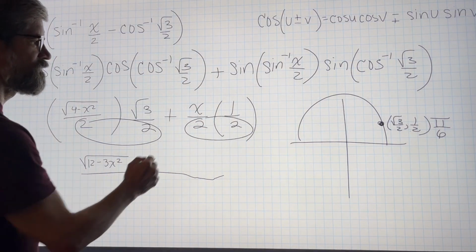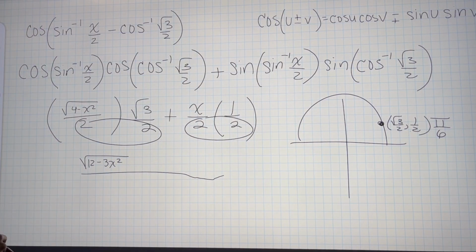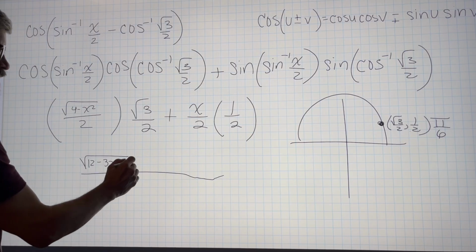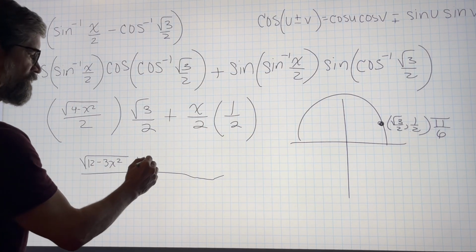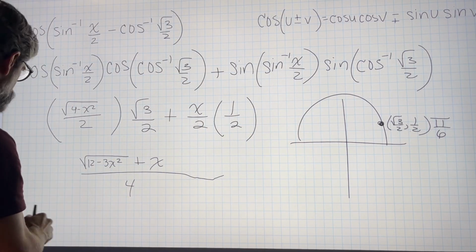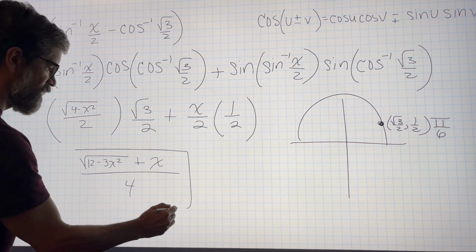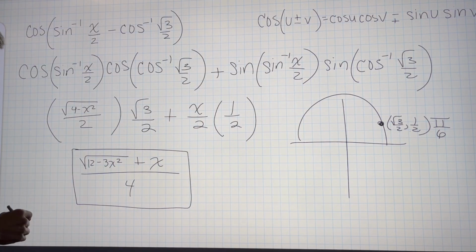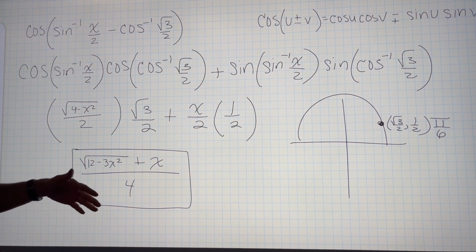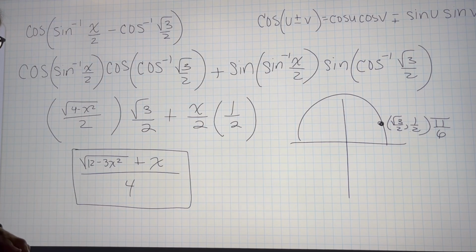Both of those will have a denominator of 4. So plus this x, and then over 4. And that would be our solution. The way that this would be worded would be to say evaluate this and find the algebraic expression for this expression. And that's it.